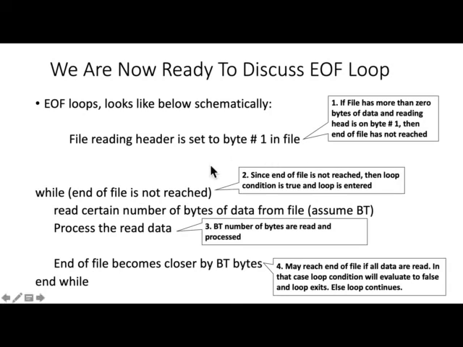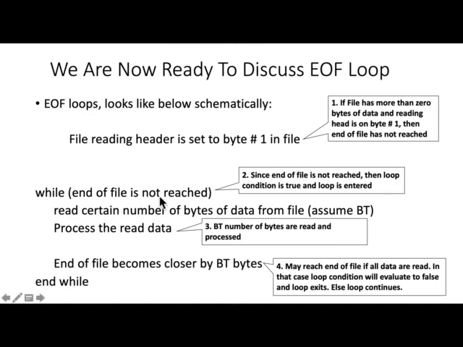So knowing that, this condition, while end of file is not reached, will be true, because I'm on byte number 1 and end of file is at least after byte number 1 or byte number 2 and so on.